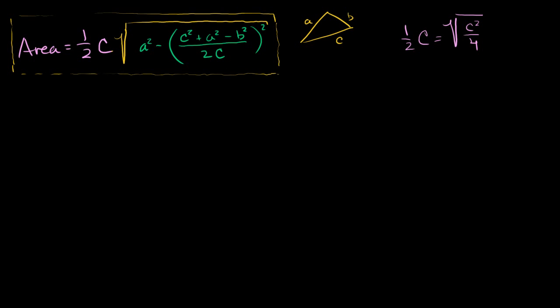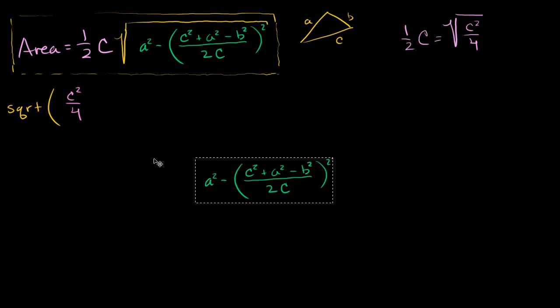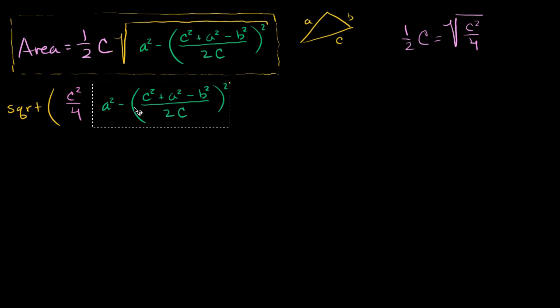So this whole expression is equal to the square root of c squared over 4 times all of this, times all of that. Of course, it has to be distributed, so c squared over 4 times all of that. And then we close the square root.